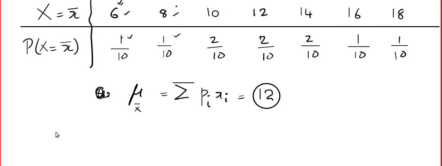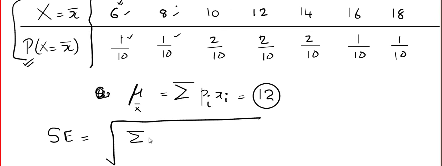Now the second thing, the standard error can be calculated directly. What was the standard error? I had been telling you from the theory part itself: the standard deviation of the sampling distribution. Now look at this, this is the sampling distribution. So I am going to calculate root under variance, that is sigma pi xi squared minus mean squared.